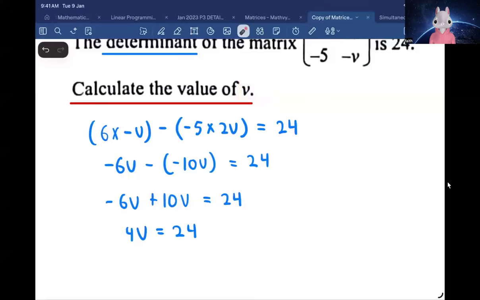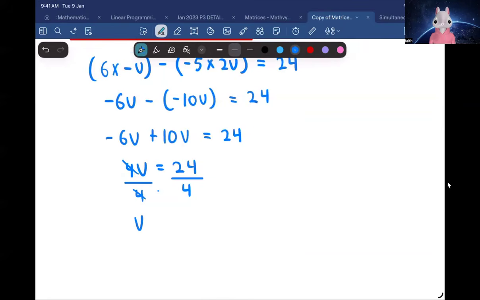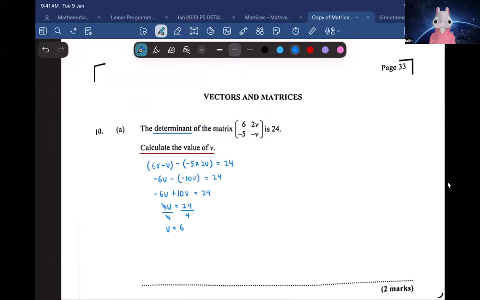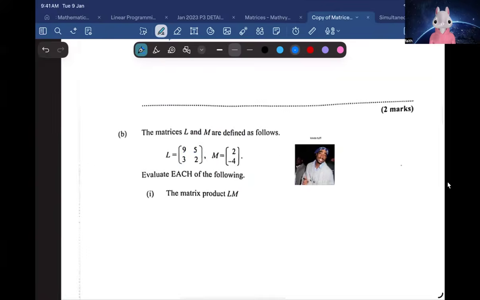So if v is being multiplied by 4, what do I have to do on both sides to get rid of the 4? Divide. If I divide both sides by 4, wouldn't the 4 and the 4 cancel off? Yes, sir. I get it. I'll be left with v, right? So v is equal to 6.